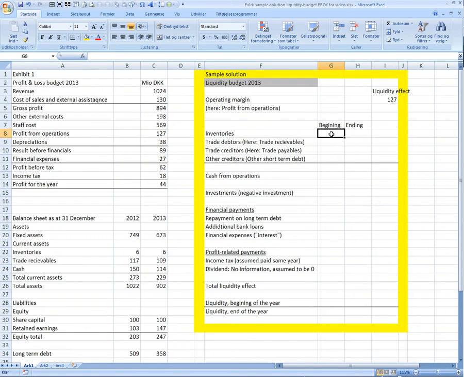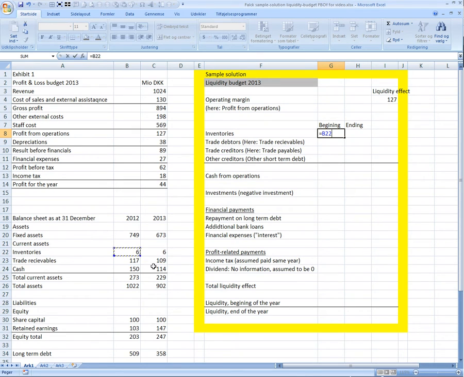And inventories or stocks, let's just see here. Yes. Okay, well, the beginning values, you have been training inventories. Inventories are here.